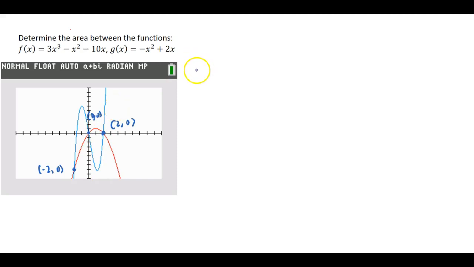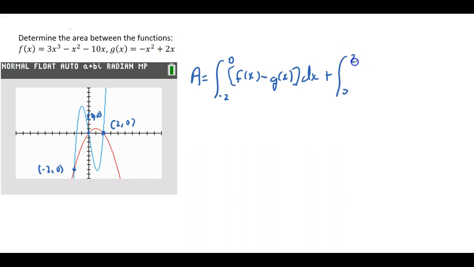Our area is going to be the integral from -2 to 0 of f of x minus g of x dx plus the integral from 0 to 2 of g of x minus f of x.